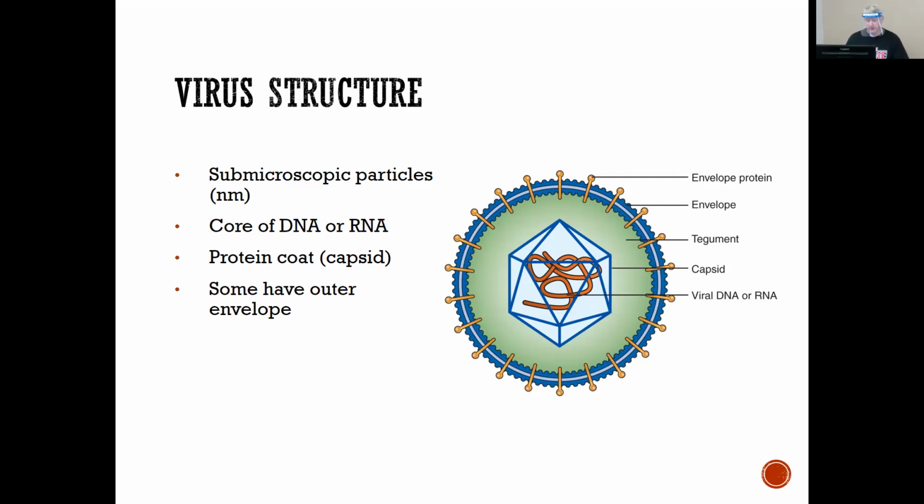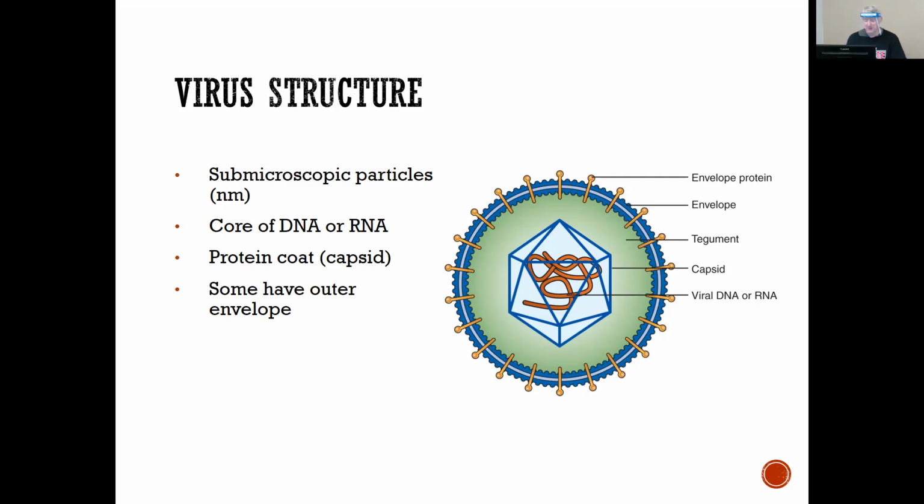They either have a core of DNA or RNA, so we classify them that way. We'll say this is our DNA viruses, these are our RNA viruses. As you see over here, that's inside this scientific looking structure, the icosahedral.